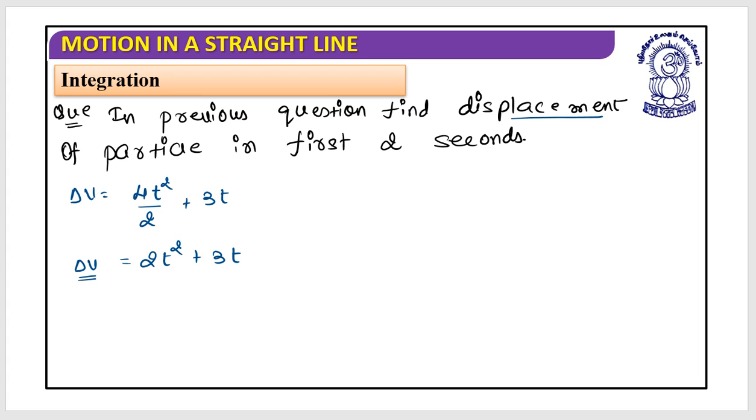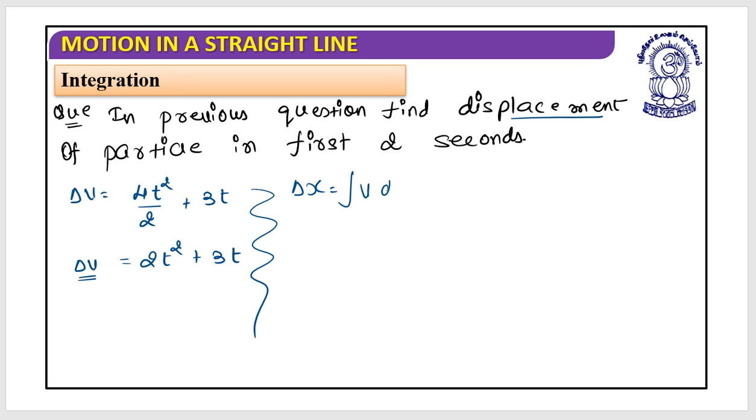What should I do? Shall I move forward or backward? Yes, I shall move backward. So when I move backward, I need to integrate. And if I need to integrate, let's do it.